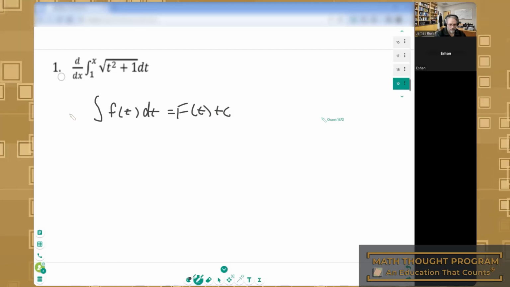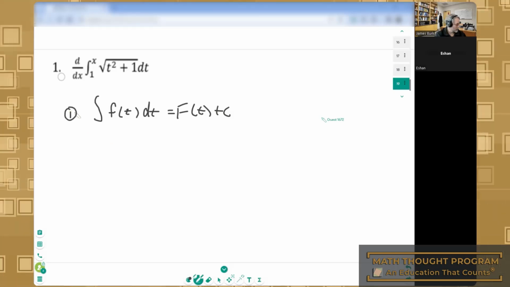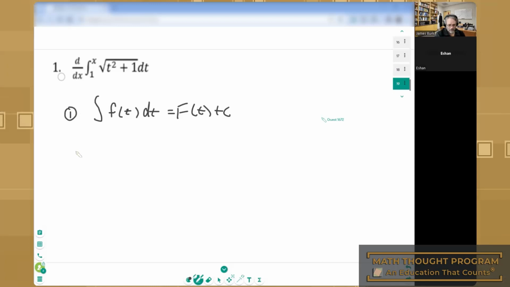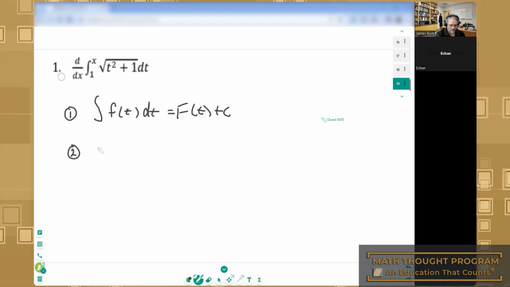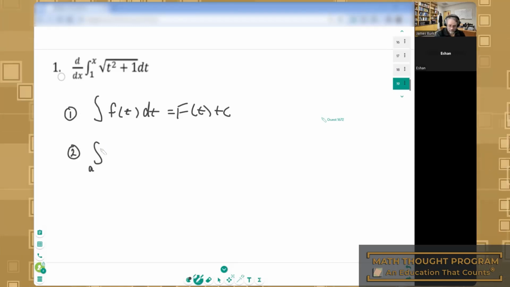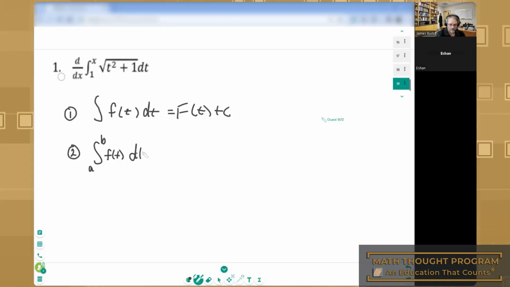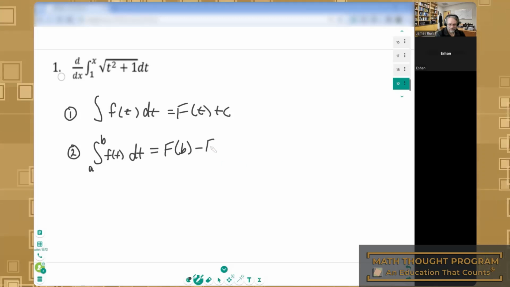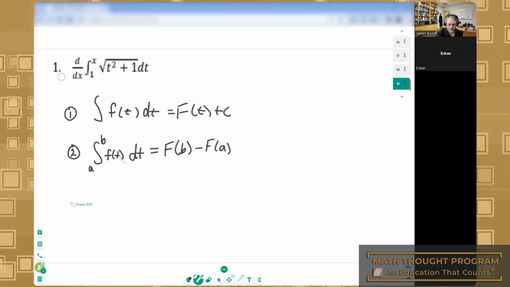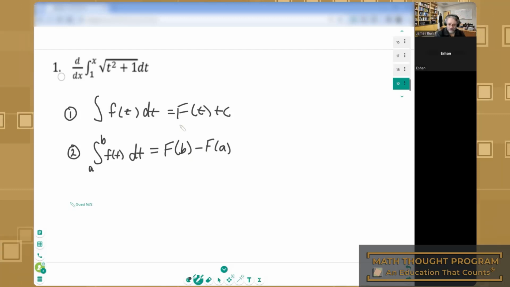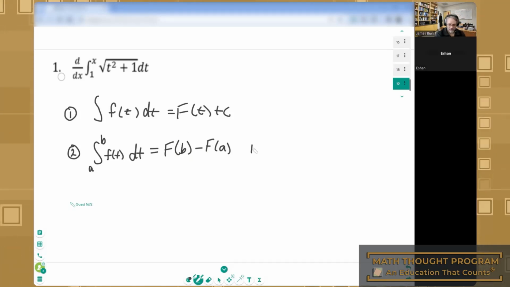Now, this is the fundamental theorem of calculus. And then the next thing is you're going to take this and you're going to start plugging things in like that. Okay, so use your antiderivative, fundamental theorem of calculus.